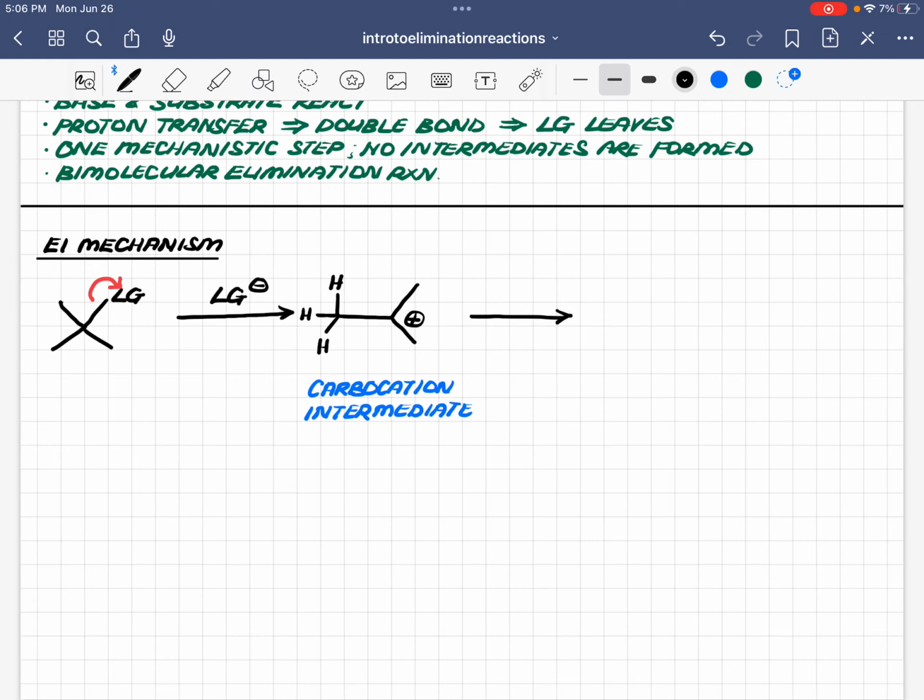Then we have some base and a proton transfer occurs to form a double bond. So we end up with an alkene product here as well.